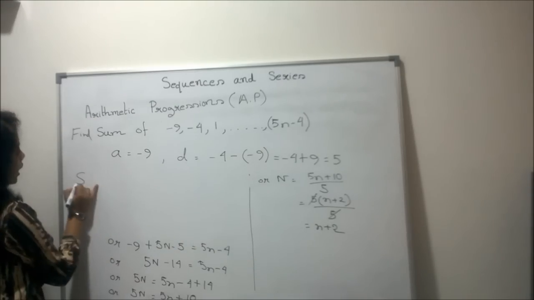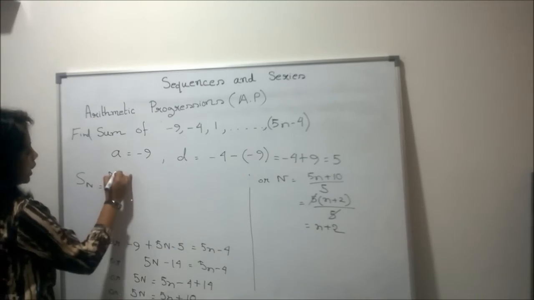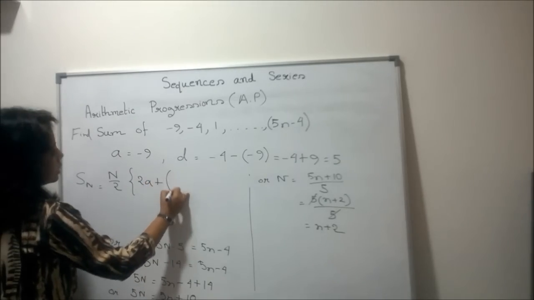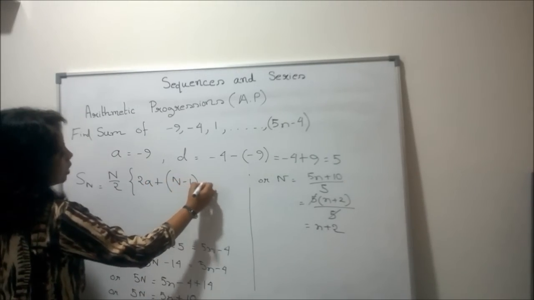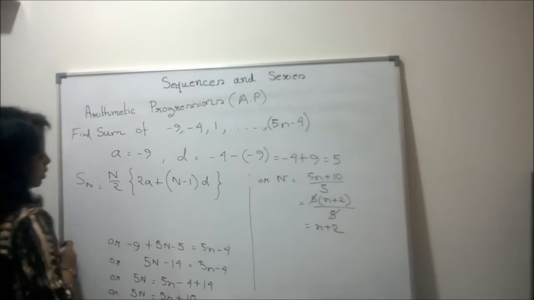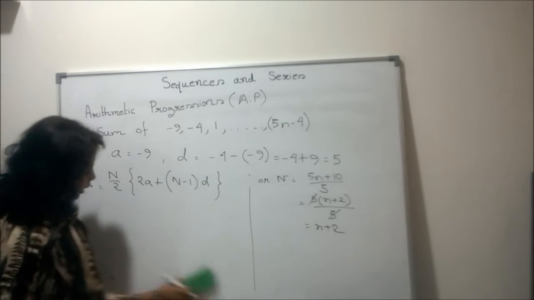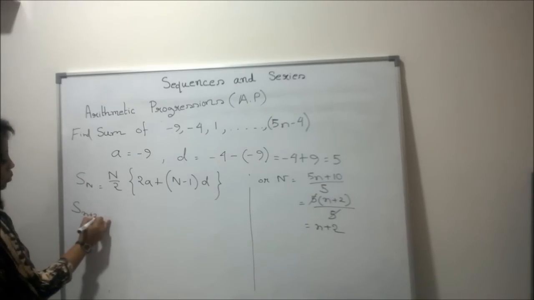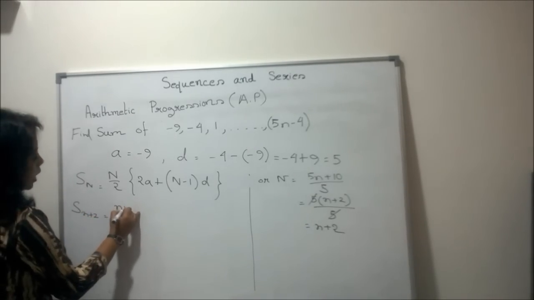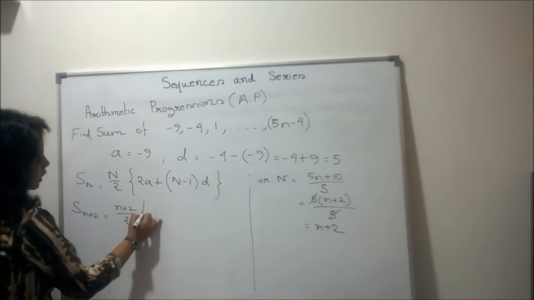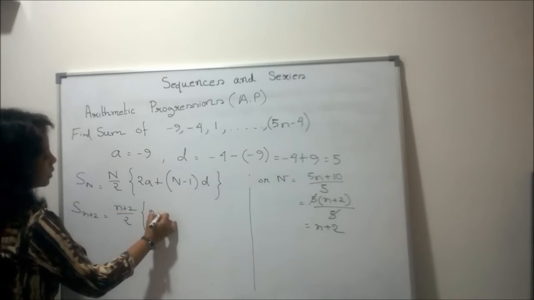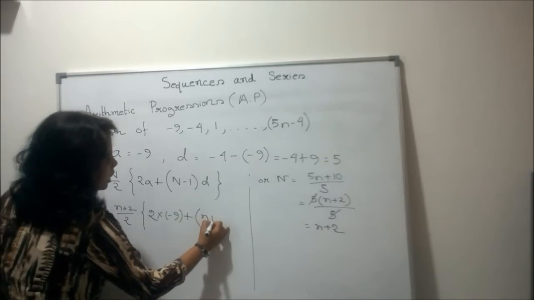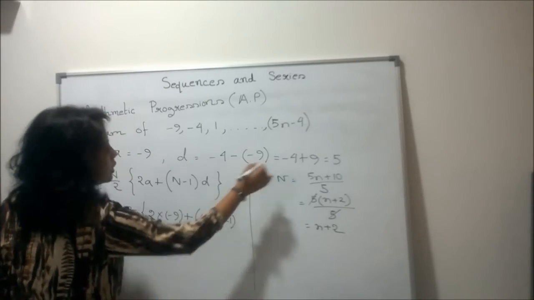Okay. We know Sn is capital N by 2, that is 2a plus capital N minus 1 D, and here capital N is n plus 2. So there is n plus 2 by 2. Here 2a is minus 9 plus n plus 2 minus 1 D is 5.